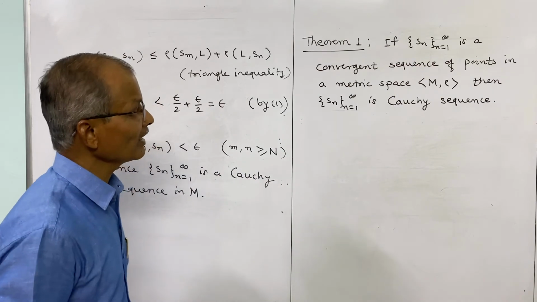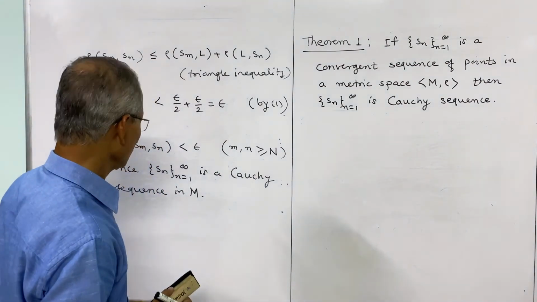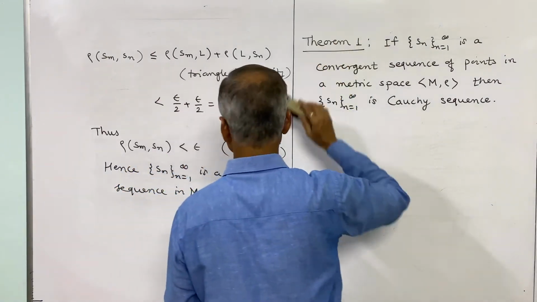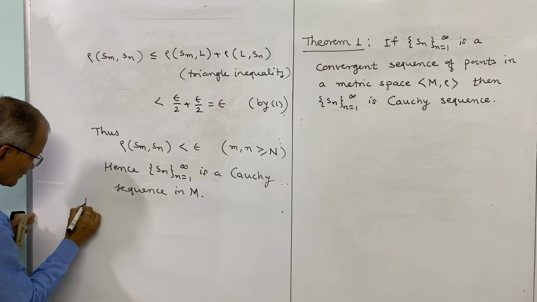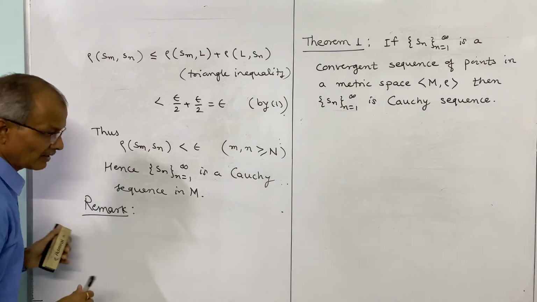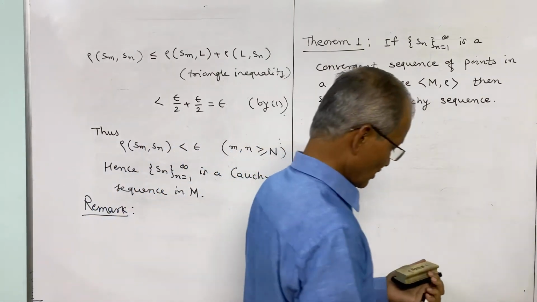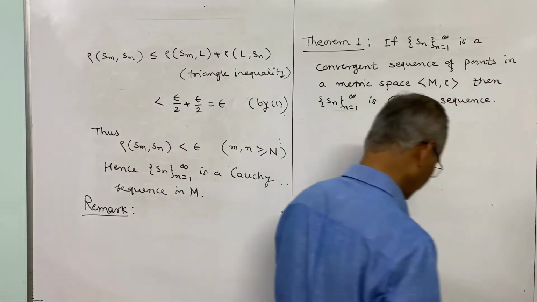But here, for any metric space, it is not the same, and we write it as a remark. There are some metric spaces where a convergent sequence may not be a Cauchy sequence.